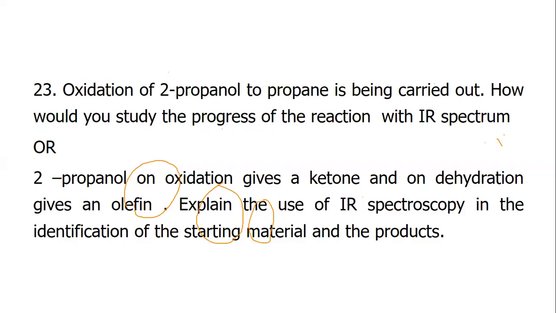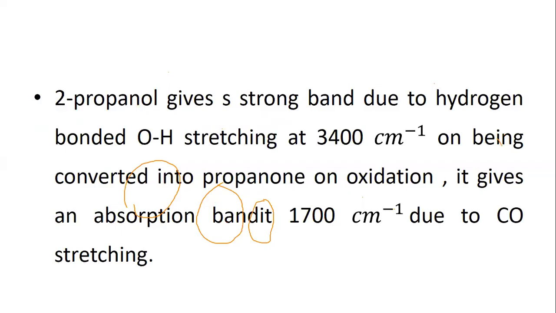Explain the use of IR spectroscopy in the identification of the starting material and the products. 2-propanol gives a strong band due to hydrogen-bonded O-H stretching at 3400 per cm, which disappears on conversion. On oxidation, it gives an absorption band at 1700 per cm due to C=O stretching.